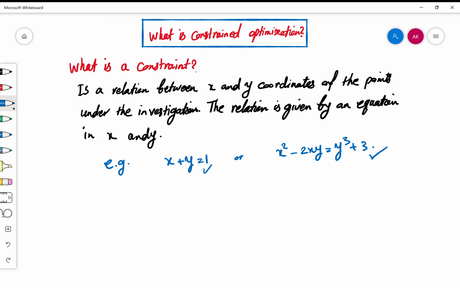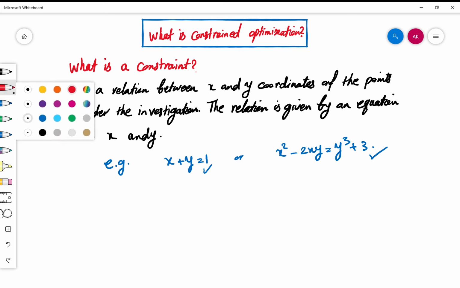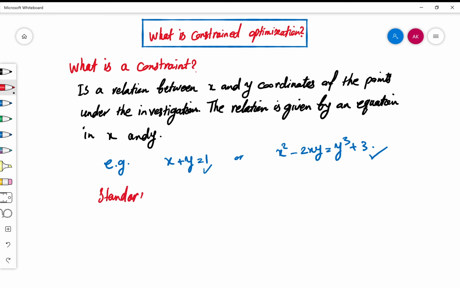When you're trying to put a condition, a constraint, there is a form that I will call the standard form of a constraint, which is, any equation someone gives you, you can bring all the variables and all the numbers to one side and write it as g(x, y) equals 0.